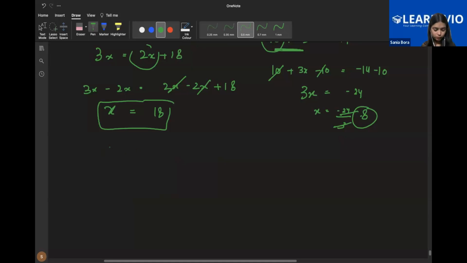X minus 5 equals 9. Ma'am, x is equal to 4. Yes, correct.